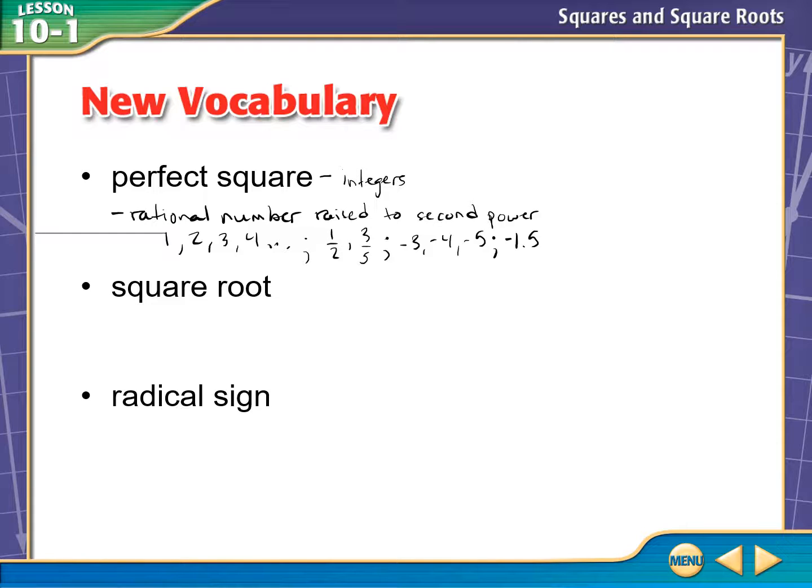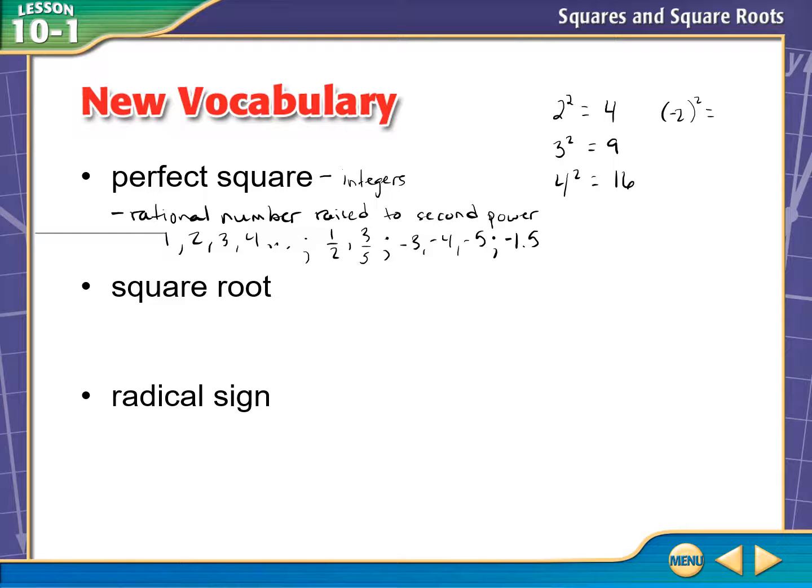Integers would be things like taking 2 and squaring it. So what do we get when we do 2 squared? Well, 2 times 2 is 4. 3 squared is 3 times 3, or 9. 4 squared, 4 times 4 is 16. What if I had negative, because negative numbers are also integers? What if I did -2 squared?